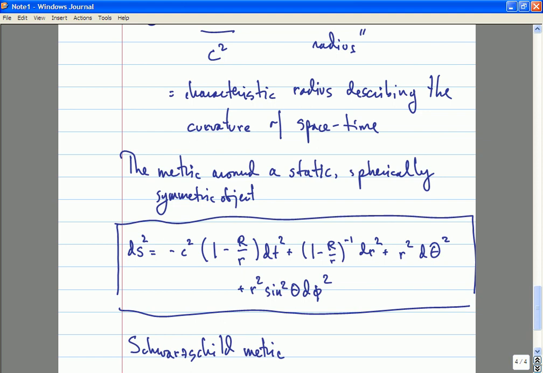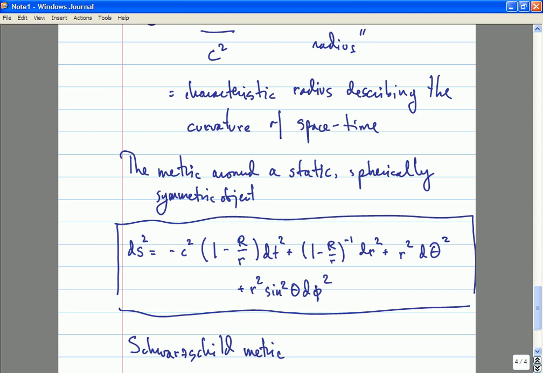And I remind you that the way that we use this is that, for example, this is what we would use to measure how fast clocks tick. If you had an object which was in orbit of the Earth carrying a clock with it, and you wanted to compute the rate at which that clock ticks relative to the rate here on Earth, you would use this metric.